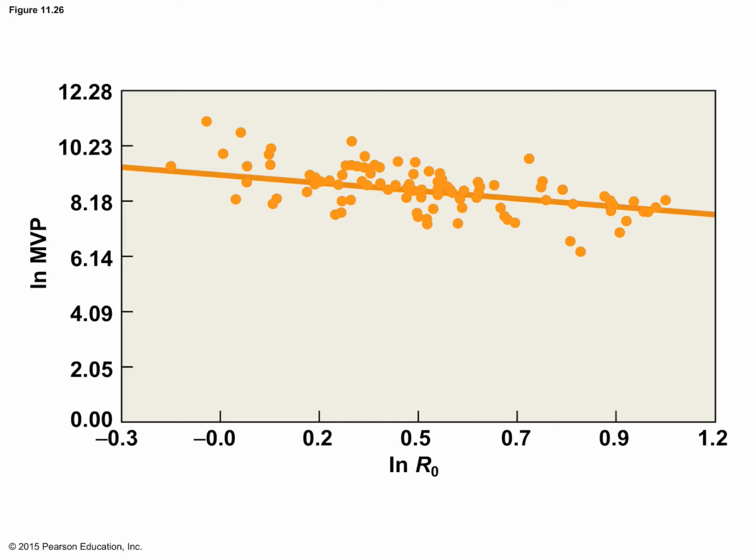Okay, so once the minimum viable population for a species has been figured out, the area needed to support that population needs to be estimated. This is referred to as the minimum dynamic area, or MDA for short.